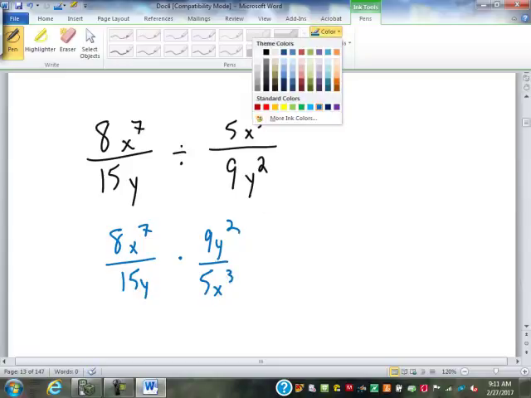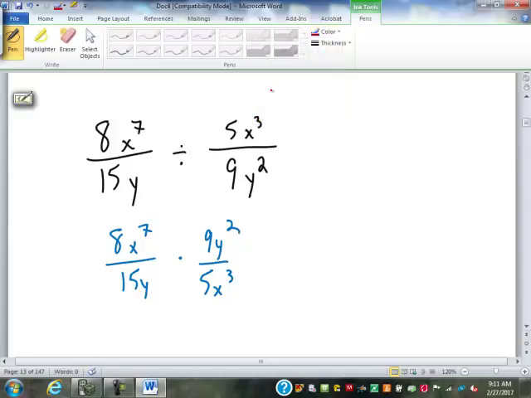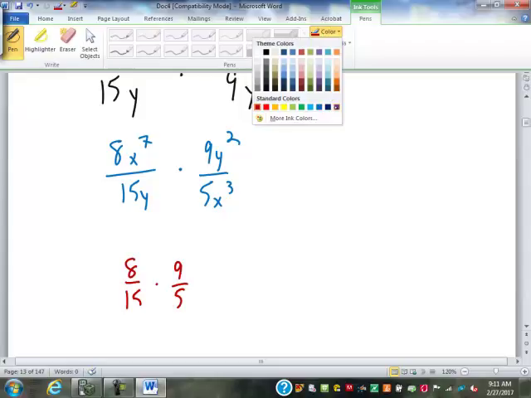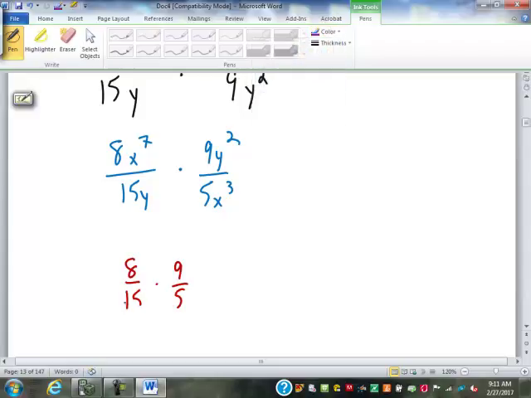Then what? Okay. I like to pull out the numbers just so I don't have the variables in the way, but yeah, you got the right idea. 15 can be reduced by 3 to give me 5, and of course the 9 has to be reduced by 3 to give me 3.